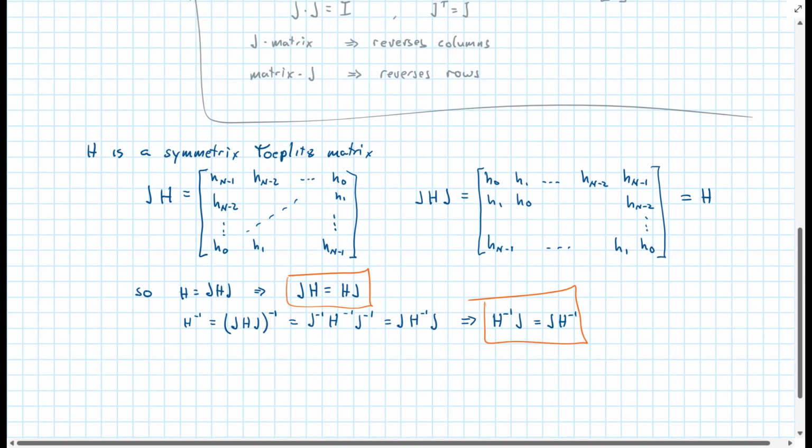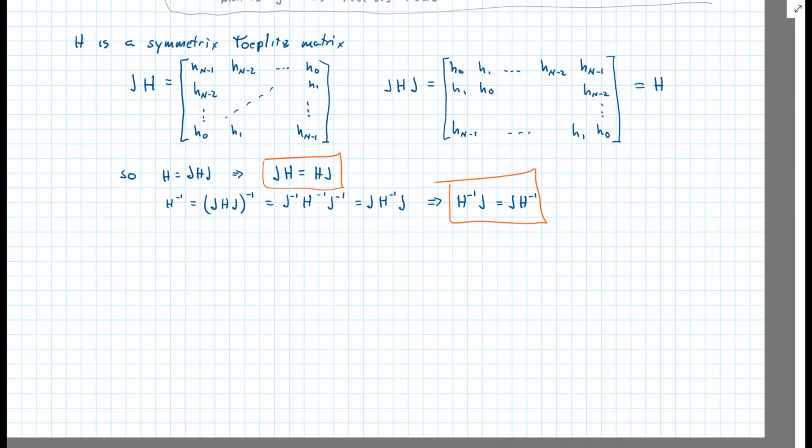Okay, now we can bring this all together, and we'll take our H matrix and divide it into several submatrices. So H0, H1, and so on.